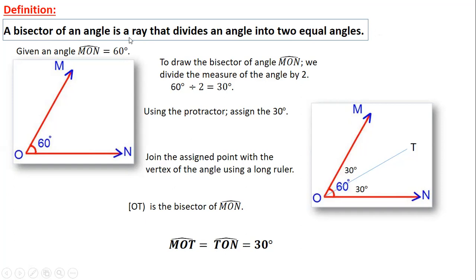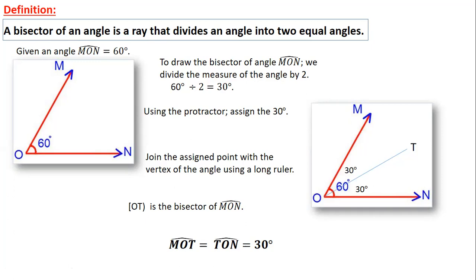So I will take the measure of the angle and divide it by 2. So the first step to draw the bisector of angle MON is to divide the measure of the angle by 2.